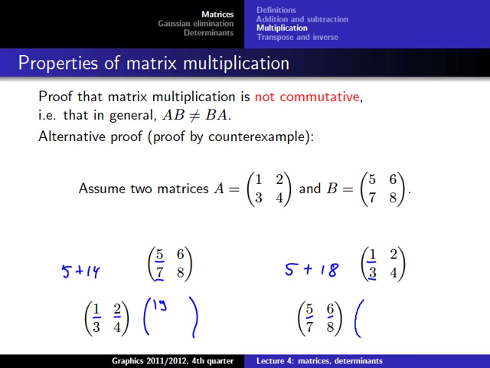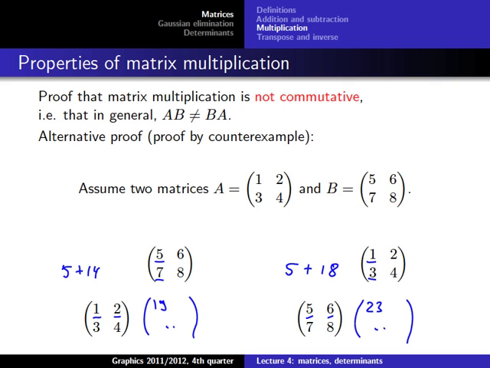And that means we get here as a first entry 23. Now we could also calculate the rest here, but we actually don't need that because we just want to show that multiplying A with B is not the same as multiplying B with A, which if one coordinate is different, then of course the whole matrix will be different, no matter how the other values are. So we can basically stop here.